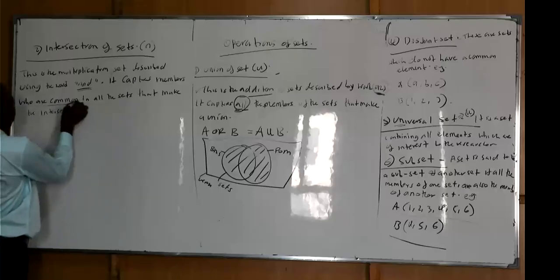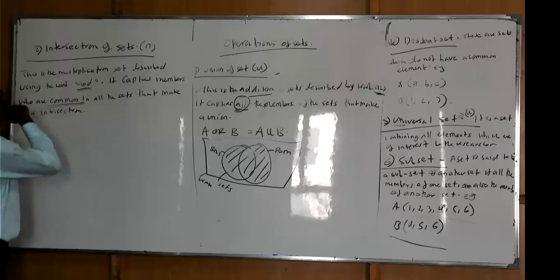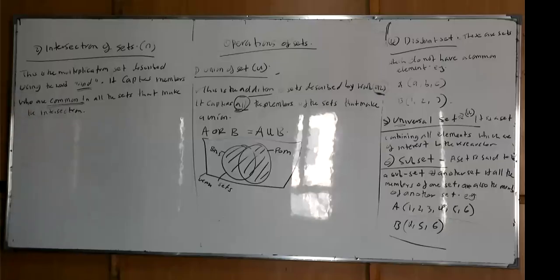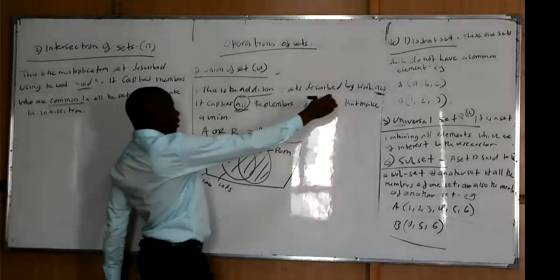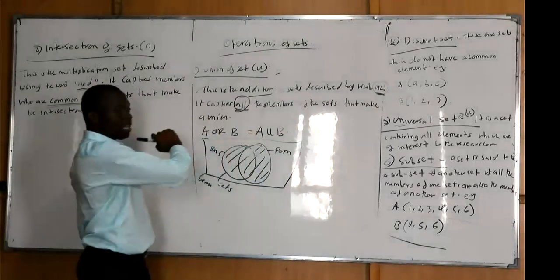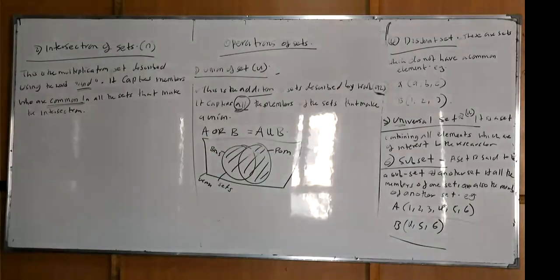So the keyword here is common: common in all the sets that make the intersection. Under union of sets we have two keywords, or and all. Under intersection we have and, then common.